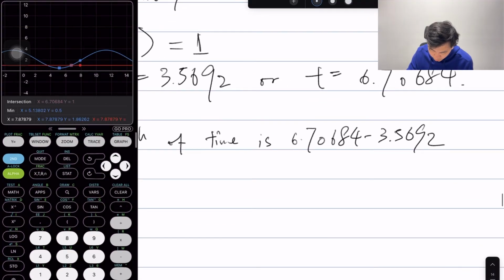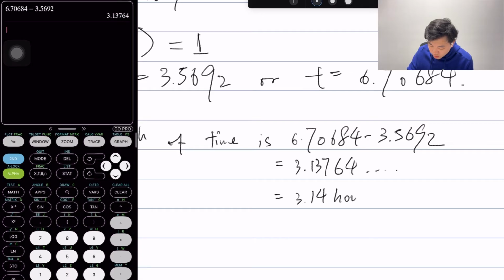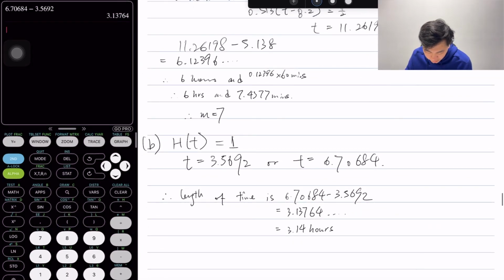Of course, we're going to use a calculator. 6.70684 minus 3.5692, which is 3.13764 hours, which is 3.14 hours, correct to 3 significant figures.